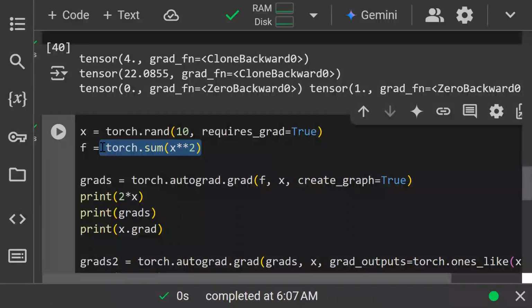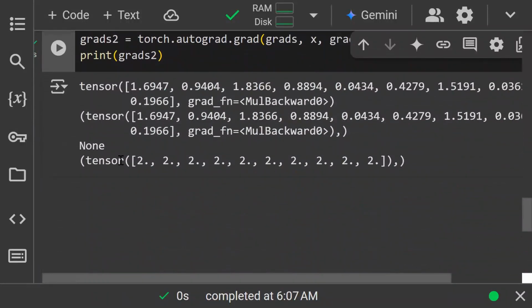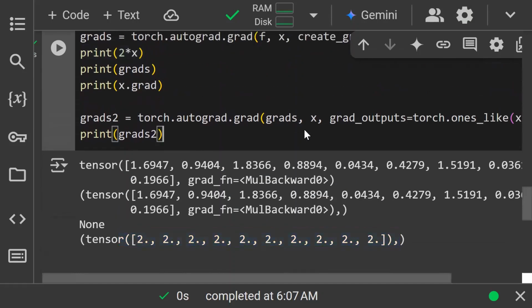And the first derivative was supposed to be 2 times x. Now, if you take the derivative one more time with respect to each value, then you have 2 as an output, right? And this is exactly what we got from running torch.autograd.grad, okay? This is the first thing that I wanted to show you.